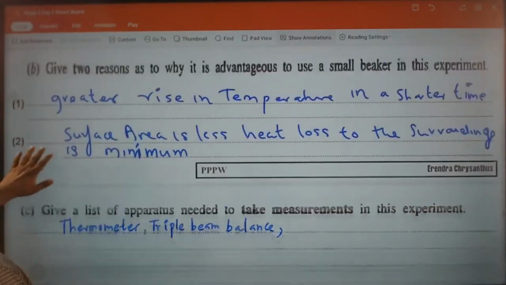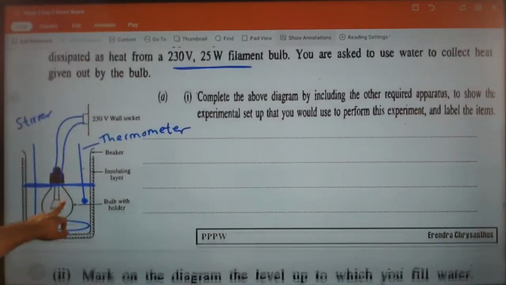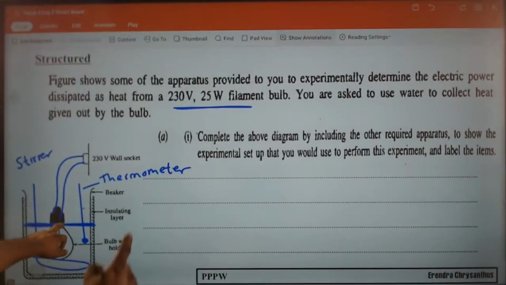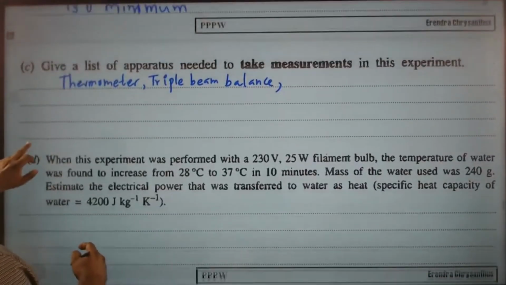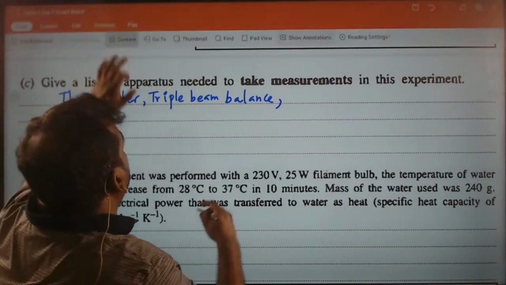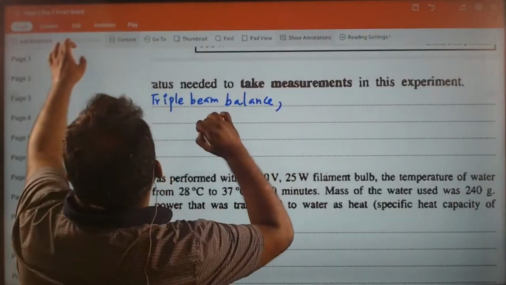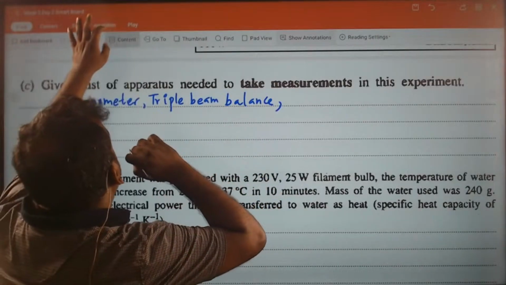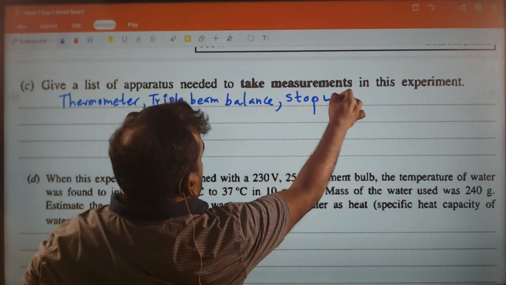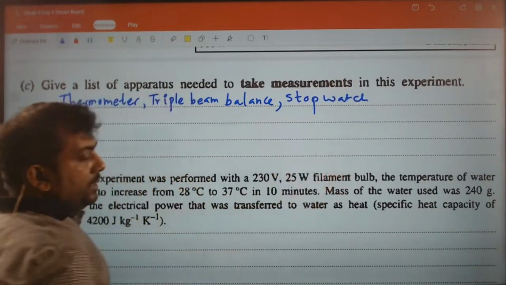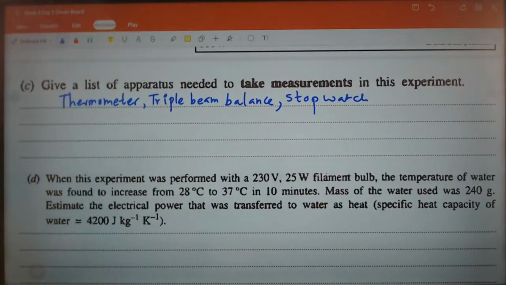And what else? You need to measure time, so a stopwatch. Stopwatch is needed. Because once you measure time, you can find the energy.